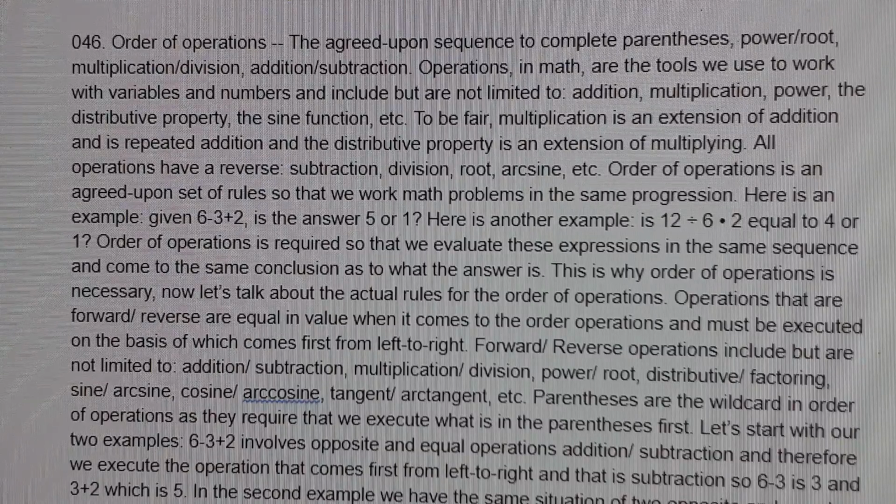In math, PEMDAS stands for parentheses, exponents, multiplication, division, addition, and subtraction. So the trouble with this device is that the detail of equal and opposite operations, execute whichever comes first from left to right, is easily forgotten.